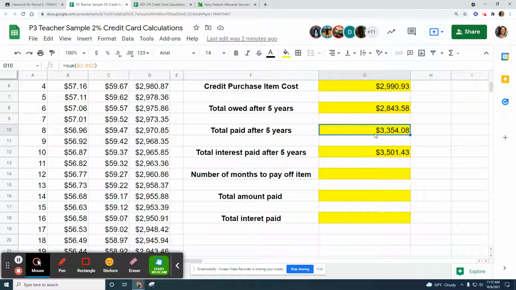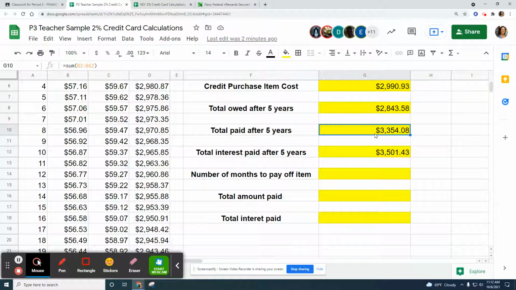That goes in the first box, G8. And then the next one down is the summation of the C column, C2 to C62. That's what you're typing in.